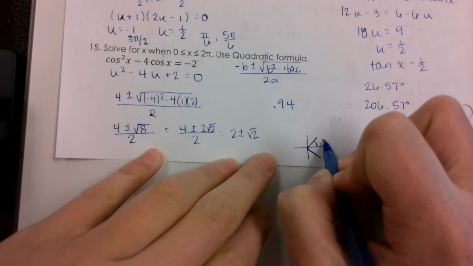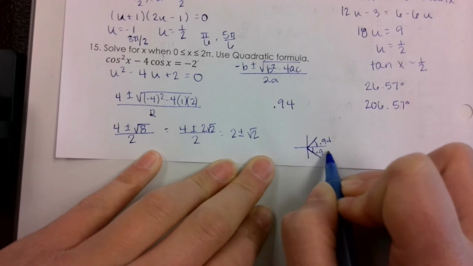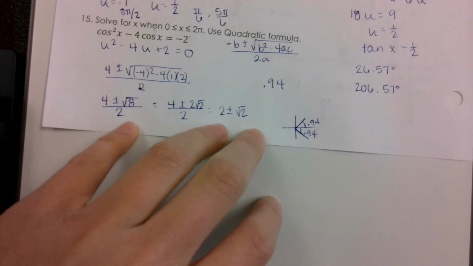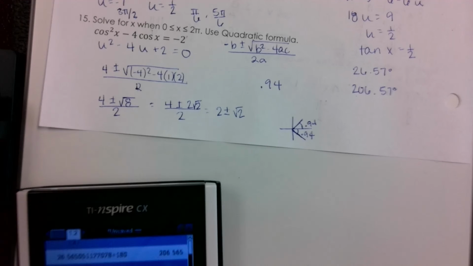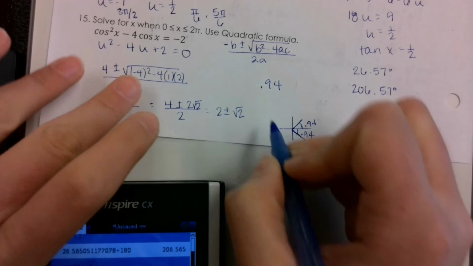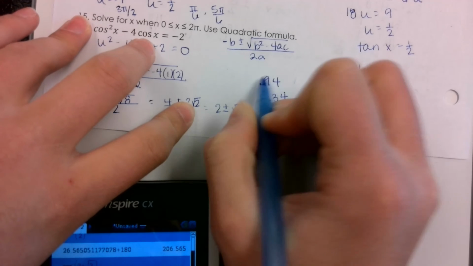So if we wanted this angle, you could do 2 pi minus 0.94, and that would get you your second one. Is that okay? So we'll do 2 pi minus that one, and we get 5.34. So those would be our answers there.